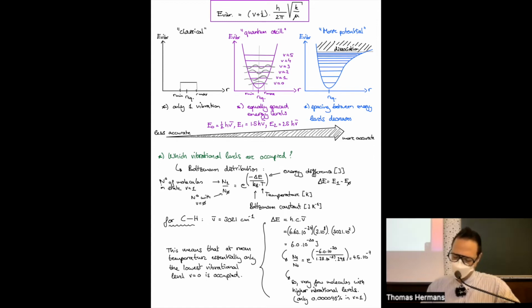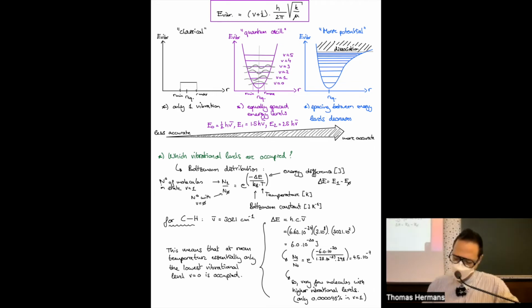So this is energy difference in joule, and delta E is the energy of this first vibrational level minus the energy of the lowest vibrational level.